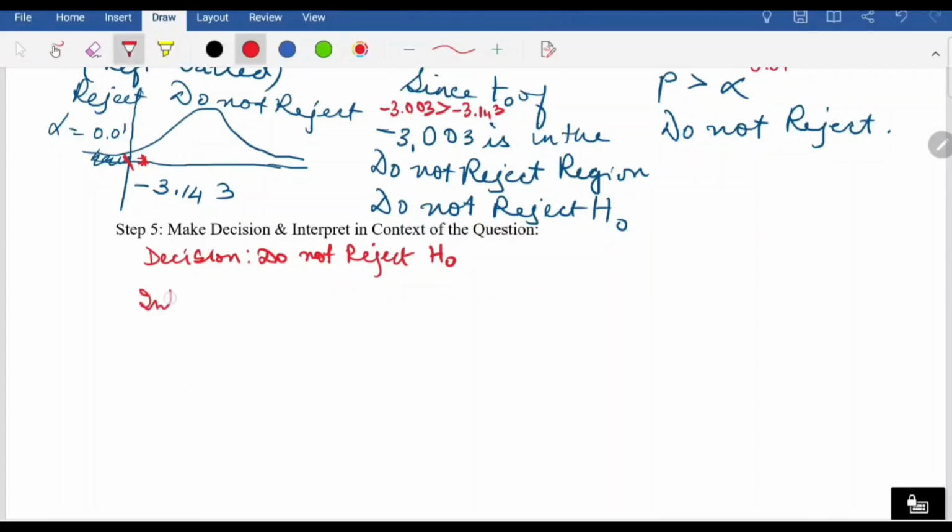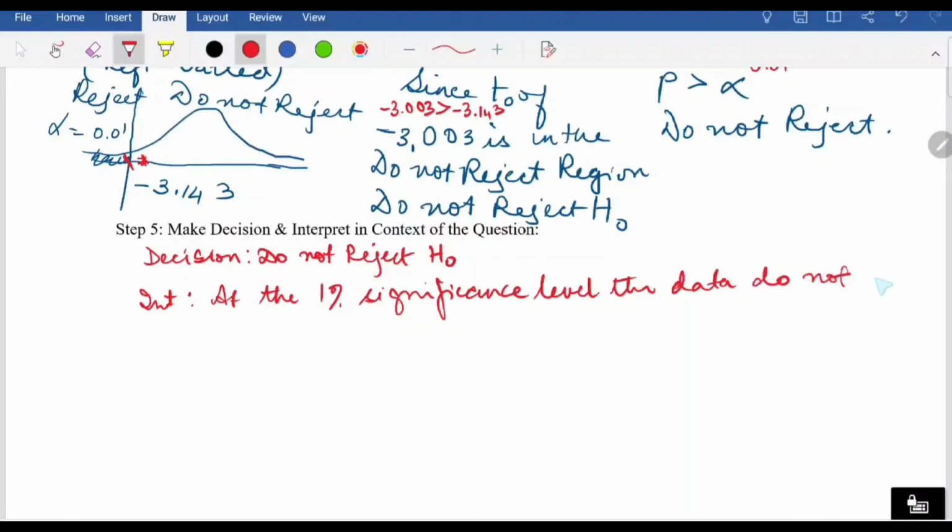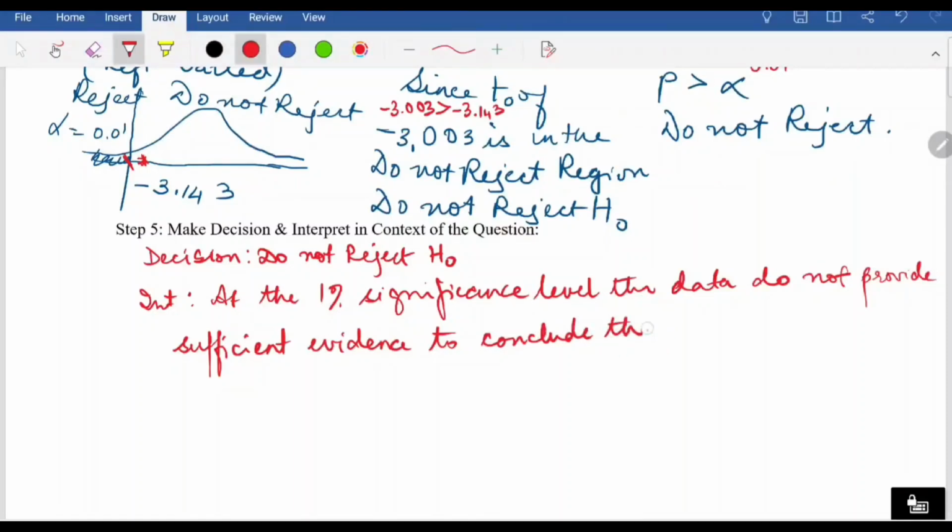And therefore, your interpretation is at the 1% significance level, the data do not provide sufficient evidence to conclude that, what was it?